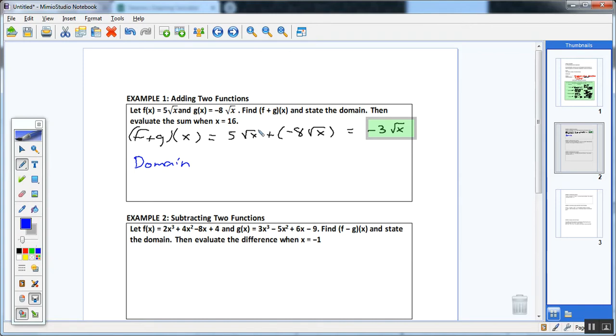What numbers don't you really want to be taking the square roots of? Negative, because they leave you with an imaginary value, okay? So the domain on this, all x values should either be 0 or what? Yeah, it should be 0 or positive. So we think the domain is going to be x is greater than or equal to 0.